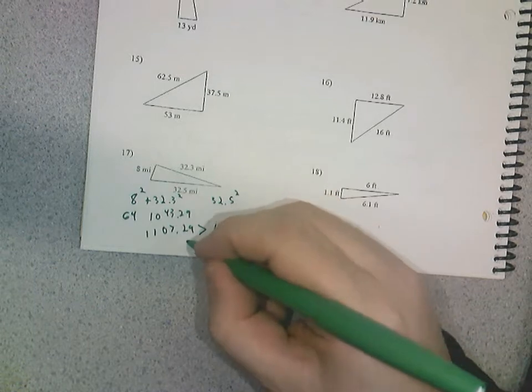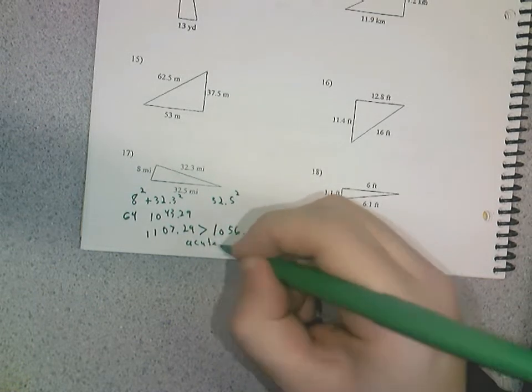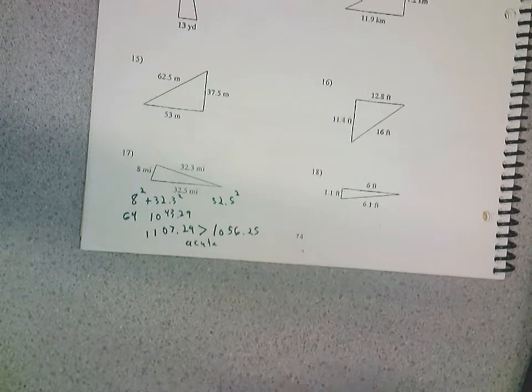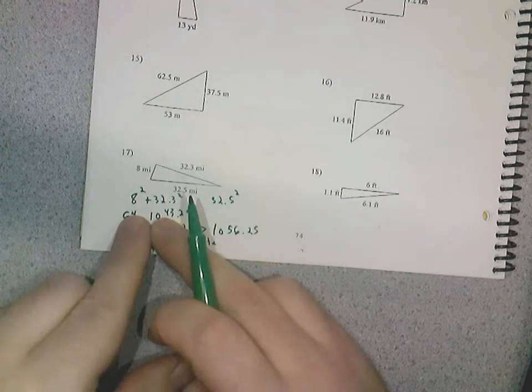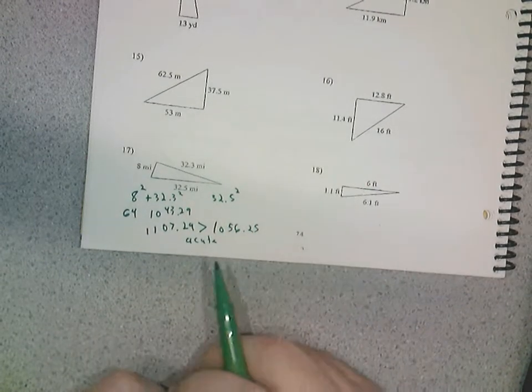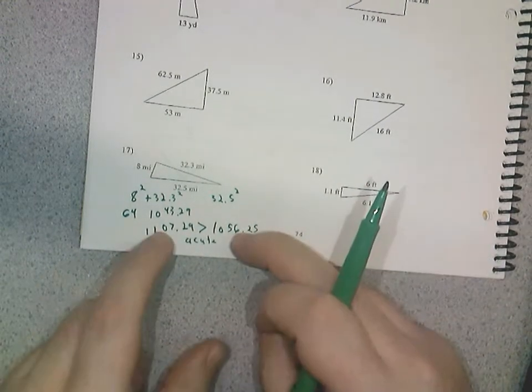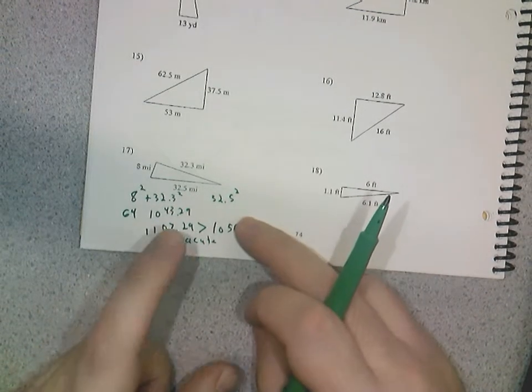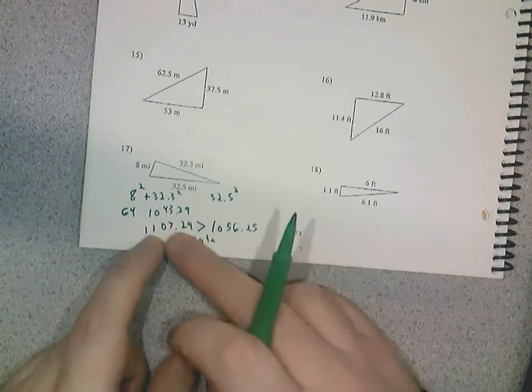Acute is going to have the smallest long side, so acute is your answer. Okay? And that's basically all you're doing for the converse. You're just squaring and adding together the smallest sides and comparing them to the longest side. If the longest side squared is bigger than the small sides, that's going to be obtuse. If it's smaller, it's acute. If it's the same, it is right.